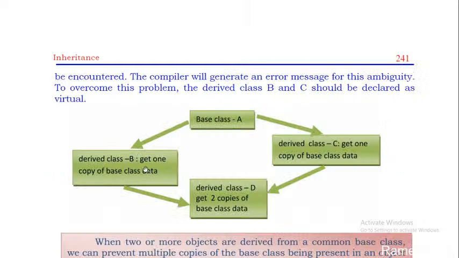See here, one copy of data will be taken by the derived class D, and again another copy of data will be taken by the derived class D. That means it is bringing two copies of the base class data.